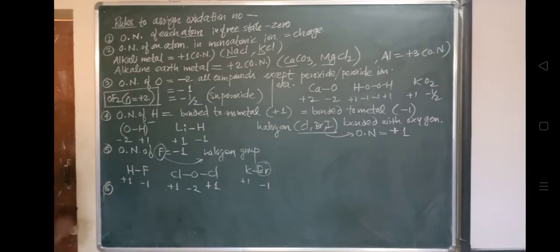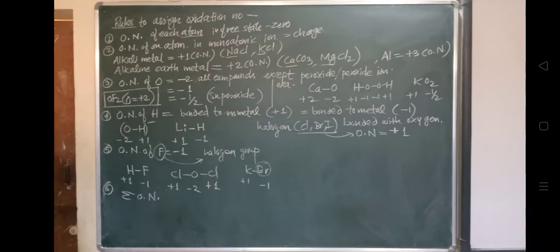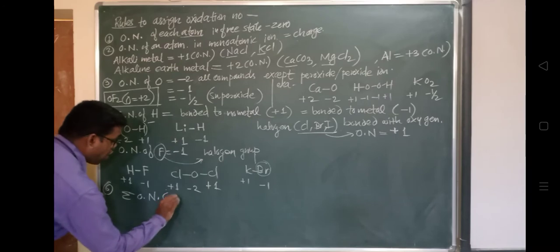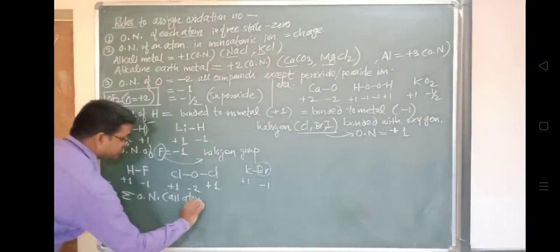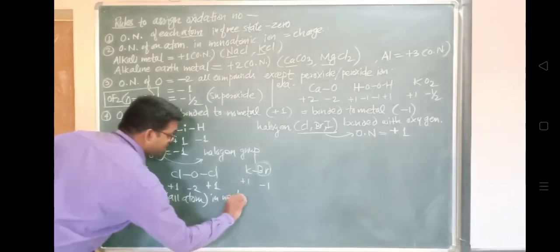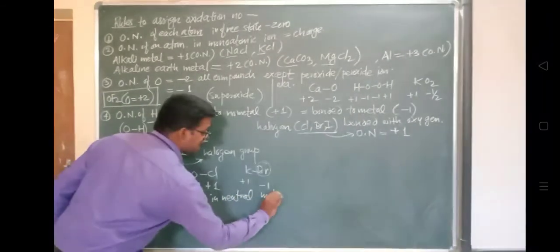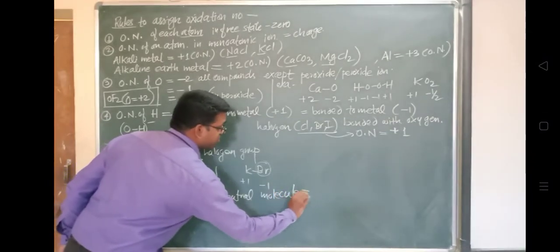The sixth rule is related with the algebraic sum of oxidation numbers of all atoms in a neutral molecule. अभी ये ऑलरेडी हमने बोल दिया कि ये न्यूट्रल मॉलिक्यूल है, तो उनका जो चार्ज रहेगा न्यूट्रल मॉलिक्यूल के ऊपर वो क्या रहेगा? डेफिनेटली जीरो रहेगा.